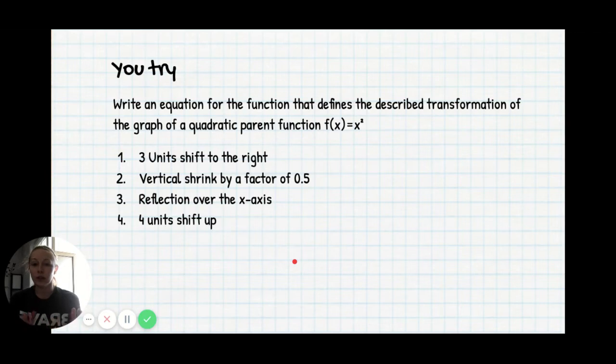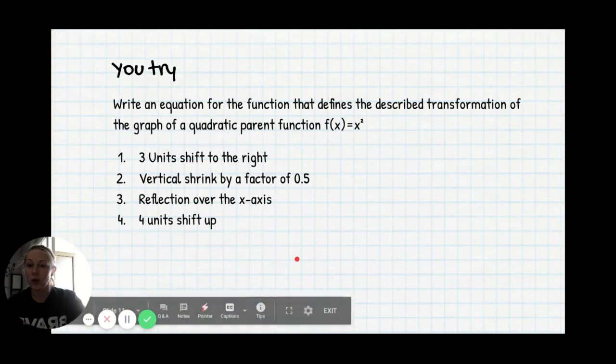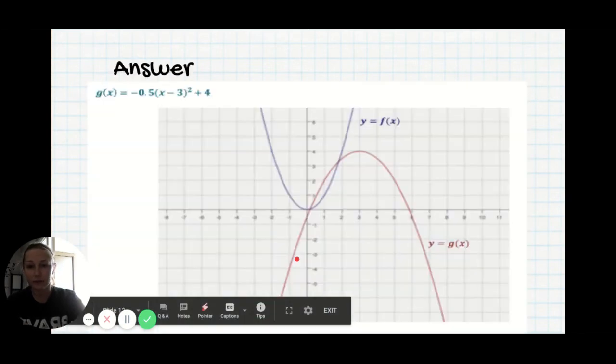I want you to vertically shrink your graph by a factor of 0.5. I want you to reflect over the x-axis, and I want you to shift up 4 units. So hit pause, and then hit play again when you think you have the answer.